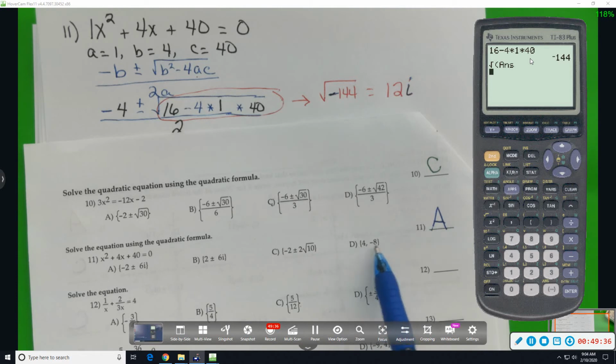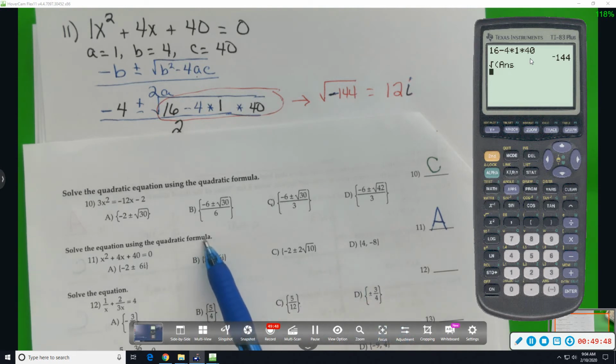If I were going to guess an answer on 11 without doing it, I sure wouldn't guess D. Why? Because that's an answer you would get if you were factoring. And the fact that I told you, if it says use the quadratic formula, that means it will not factor.